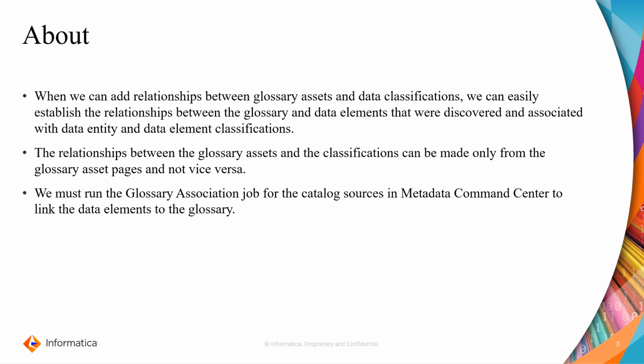The relationships between the glossary assets and the classifications can be made only from the glossary asset pages and not vice versa. A key thing to note here is that after we have added the relationship, we must run the glossary association job for the catalog sources in metadata command center to link the data elements to the glossary.